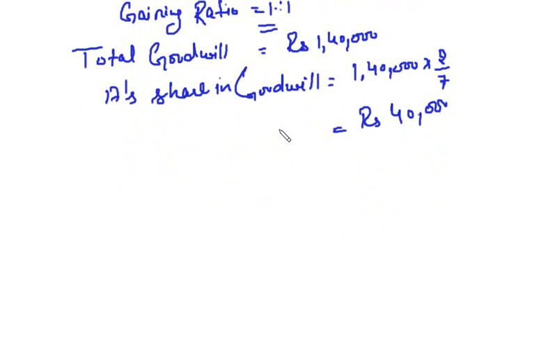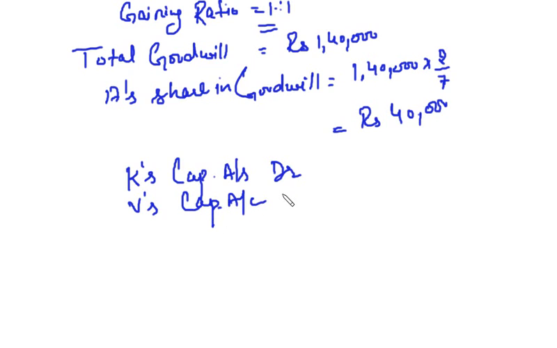So what will be the journal entry regarding this? We'll say K's capital account debit, V's capital account debit to the retiring partner A's capital account.